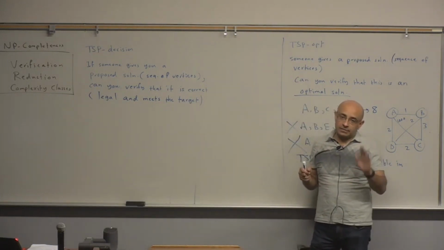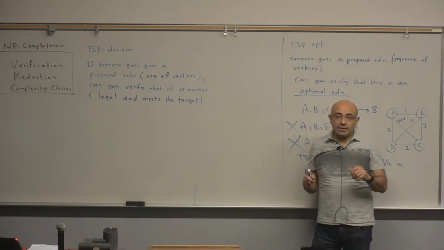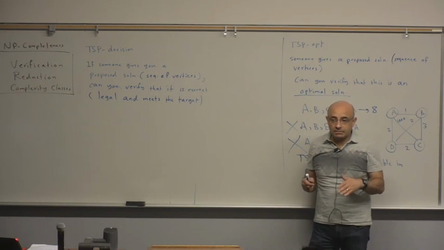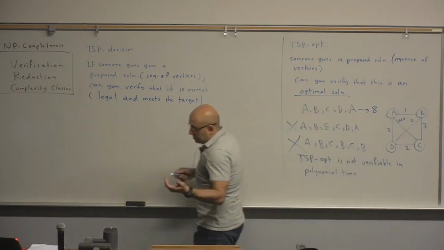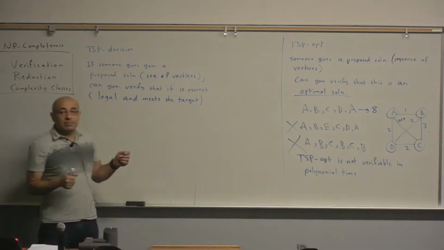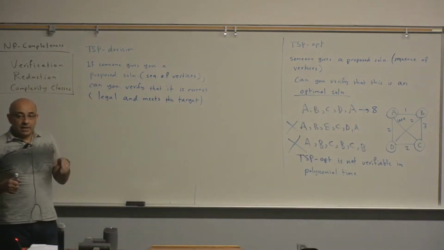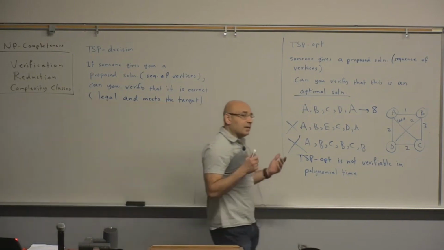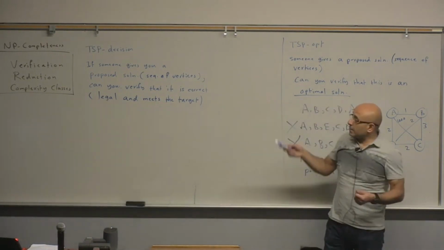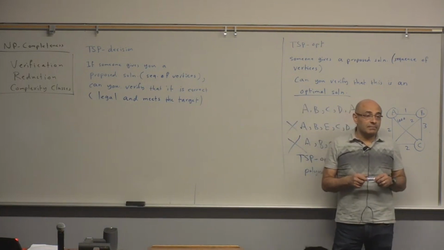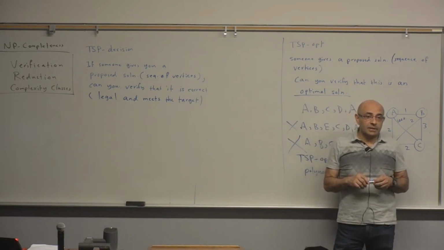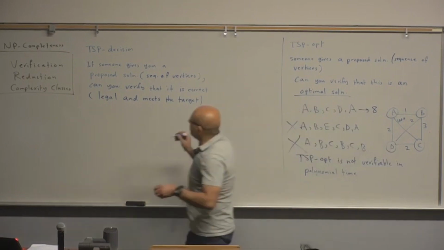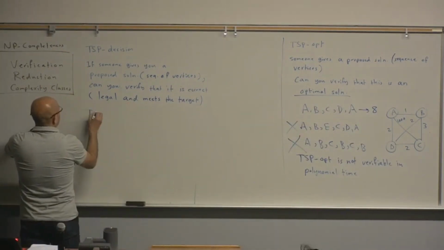You just search for these vertices. You can verify that no vertex is repeated, and then you just sum the edge weights, and if they are less than or equal to the target, then that's a correct solution. So is this something that you can do in polynomial time? Yes, you can.